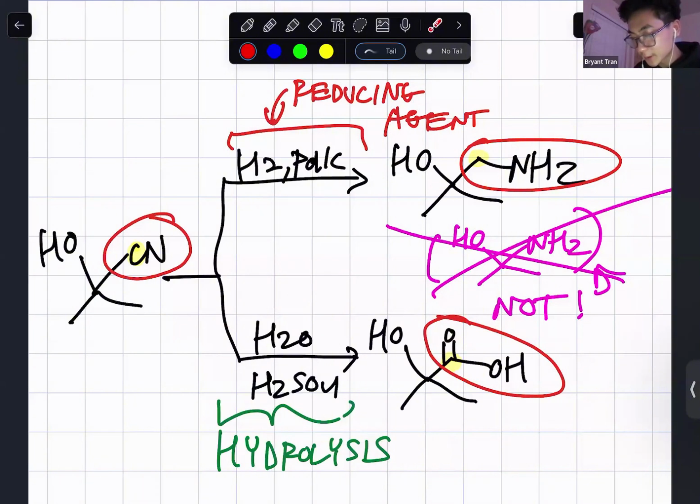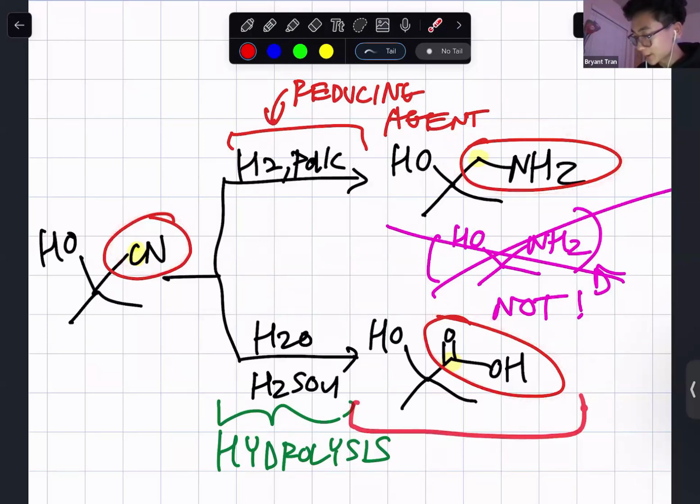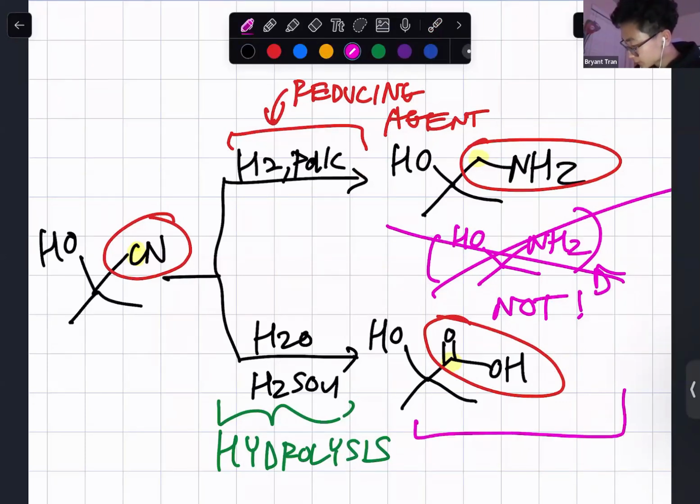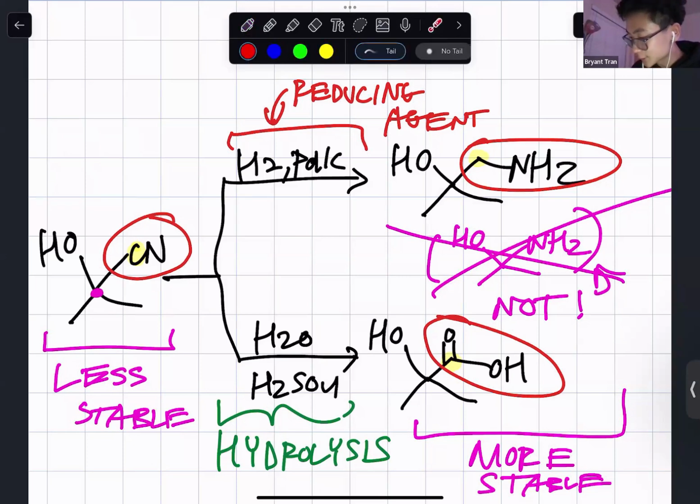But what this did, if you think about it big picture, is it converted this CN nitrile into CH2NH2 or COOH, which makes it a more stable molecule, you could say. These right here are more stable molecules, more stable and can be isolated. This molecule here is less stable because this carbon right here is attached to two electronegative atoms, oxygen and nitrogen, making that carbon extremely positively charged, extremely electrophilic, extremely reactive.